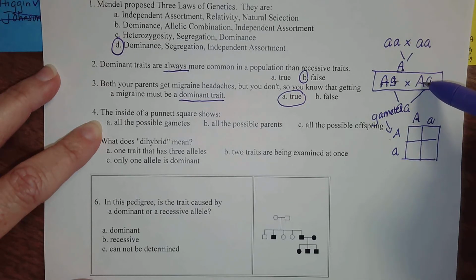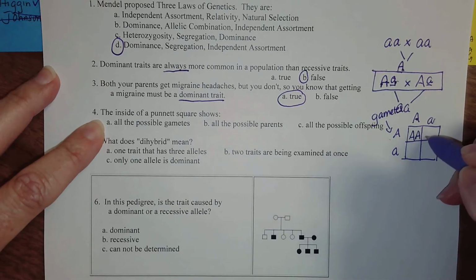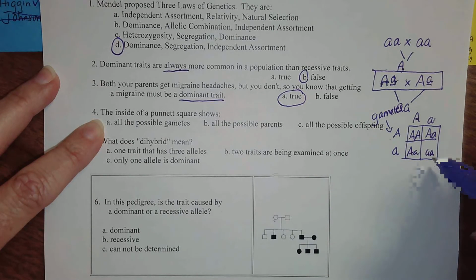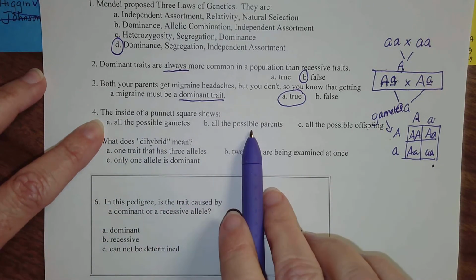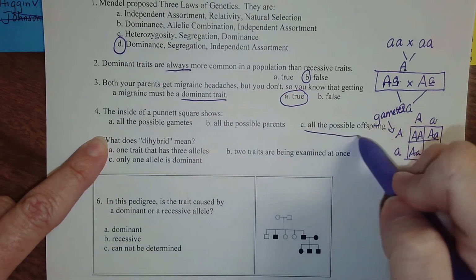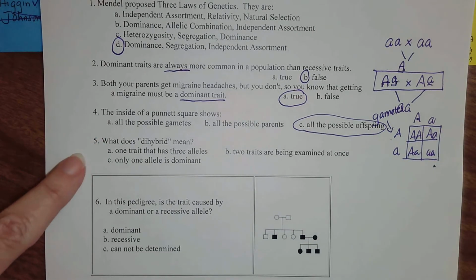And this individual could contribute a big A to the sperm and a little a to the sperm. Then the combinations that you see inside, those are the possible genotypes of your offspring. Okay, so the answer is, it shows the possible offspring. That doesn't mean it's going to come out in that exact ratio, but that's the possible.